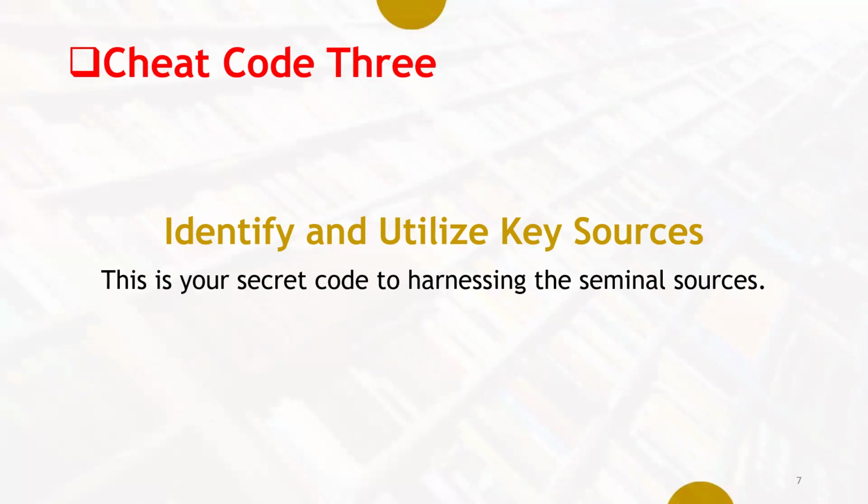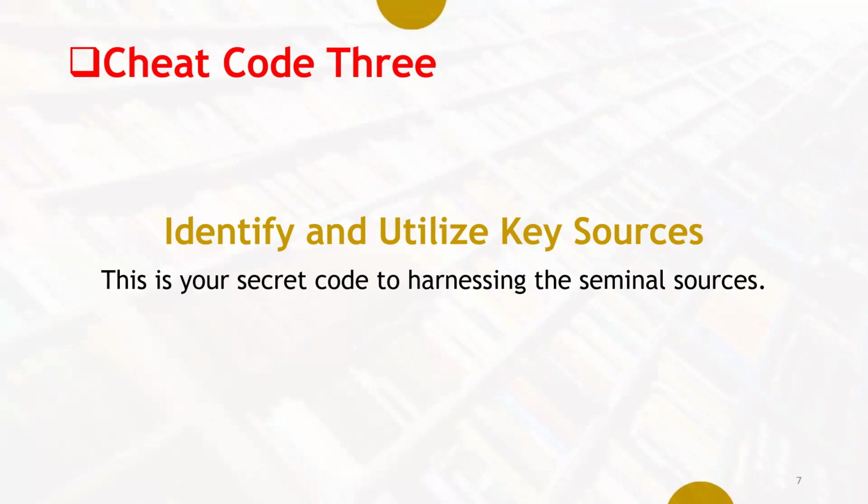By identifying and utilizing these key sources, you can quickly build a solid foundation for your literature review and ensure that you are covering the most relevant and impactful research.